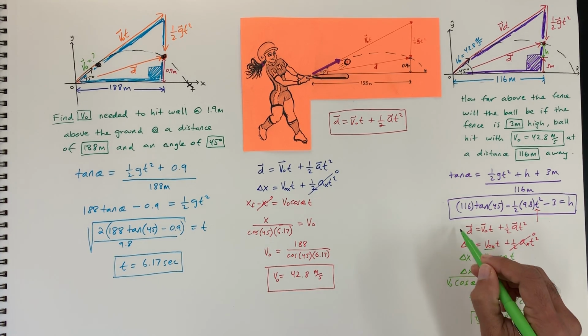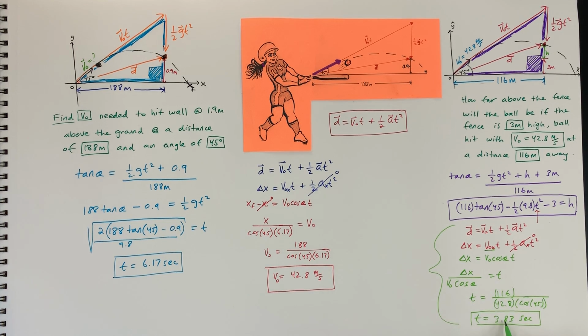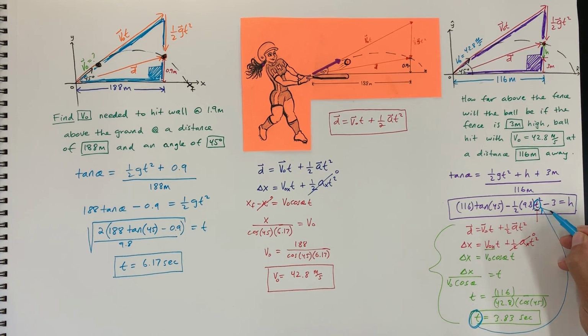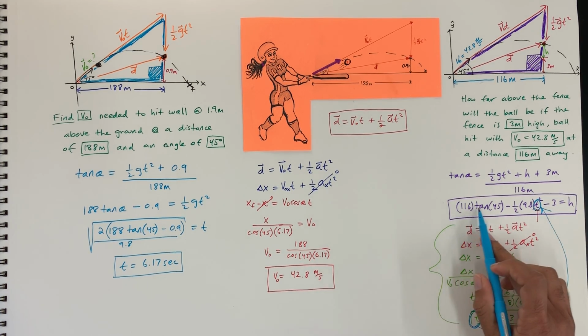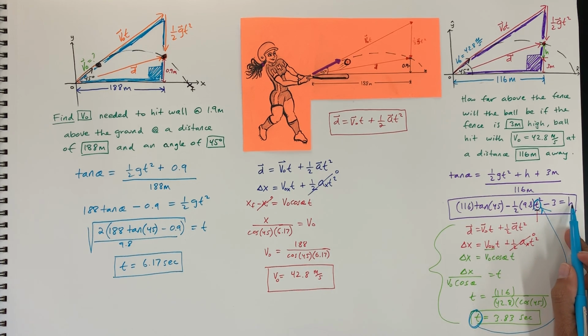Okay, so all of this was to find time, but now we need to plug in this time here into here. Once we do that, we'll have all the values here and we'll be able to solve for our height. Okay, so let's do that.